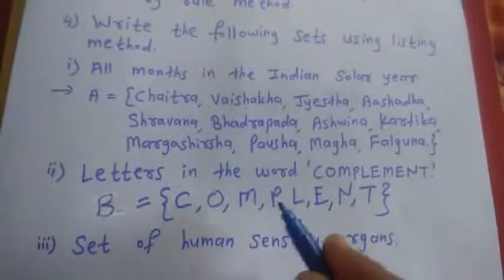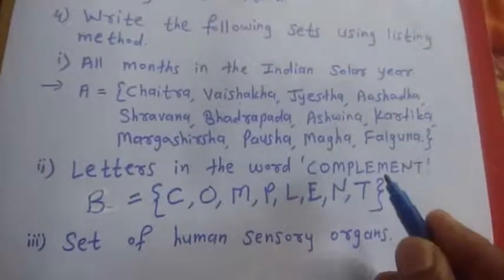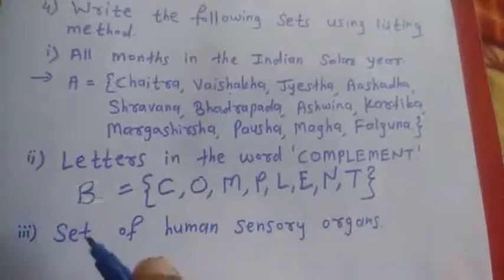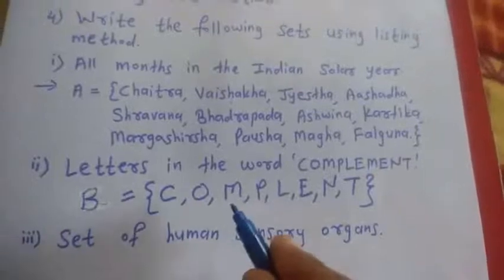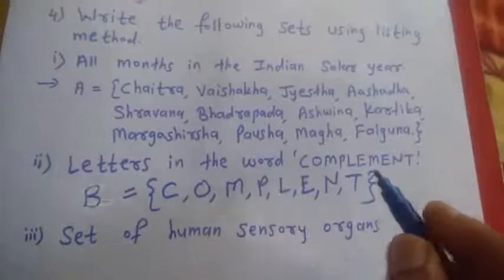C, O, M, P, L, E, N and T. A repeated element is written once. So this is the set of letters in the word complement.